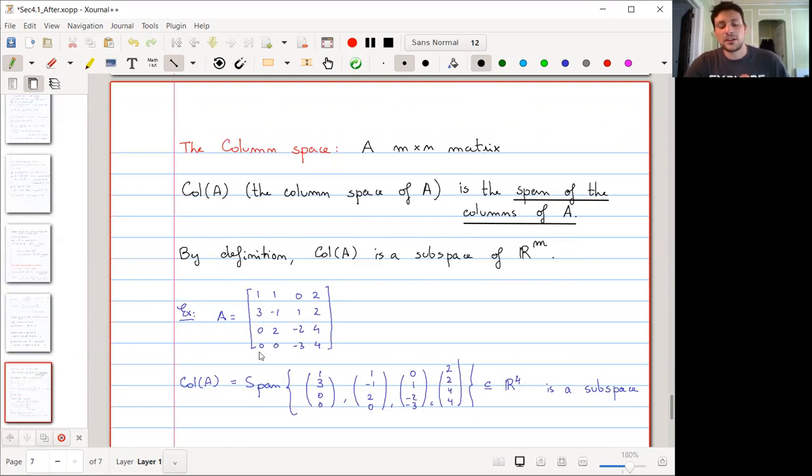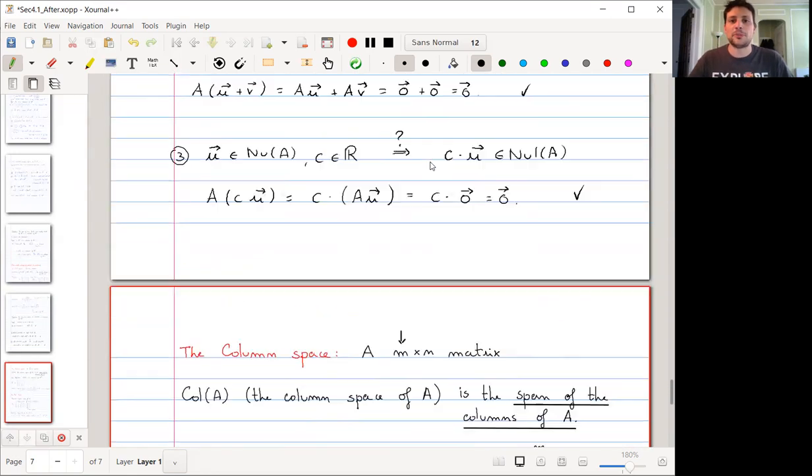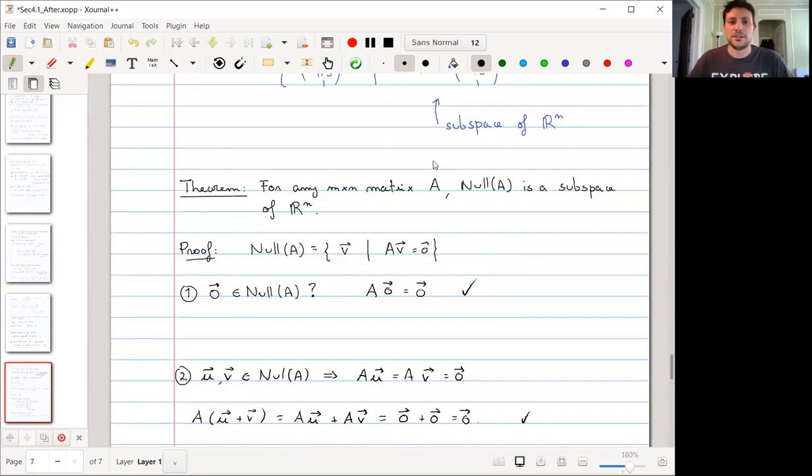Every column of A has as many entries as A has rows. So the column space will be a subspace of Rm, while the null space was a subspace of Rn.